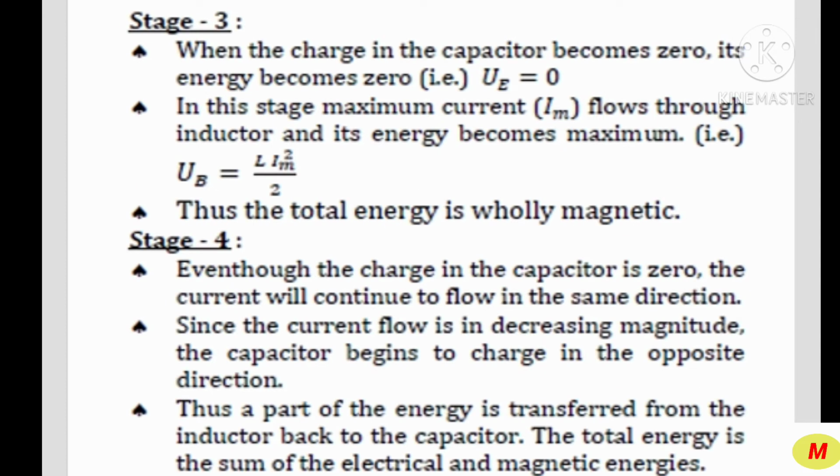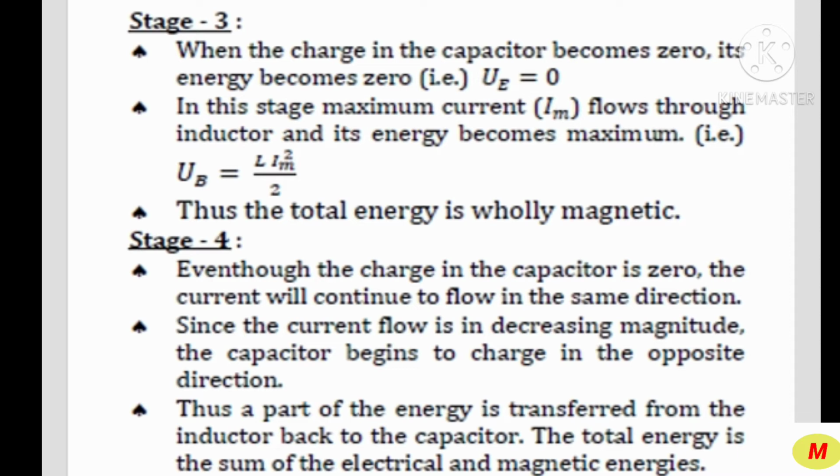When the charge in the capacitor becomes 0, its energy becomes 0, such that UE is equal to 0. In this stage, maximum current Im flows through the inductor and its energy becomes maximum, such that UB is equal to L Im squared by 2. Thus the total energy is wholly magnetic.